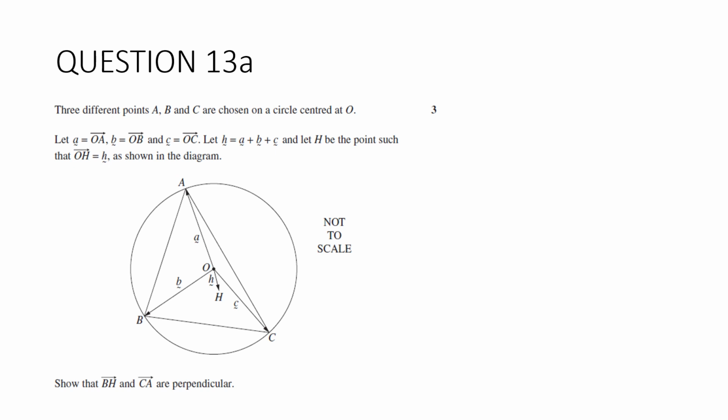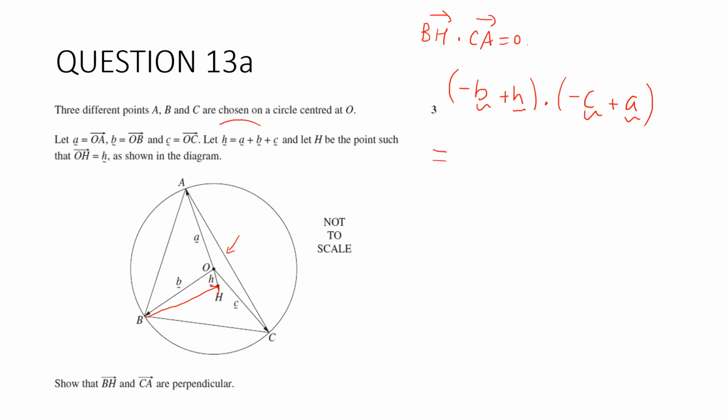So of course what we want to do is prove that the dot product of those two vectors is equal to 0. So let's make some substitutions. BH, that's here, is going to be negative b plus h, dot, and then we've got CA, which is this one here, and that is going to be negative c plus a.